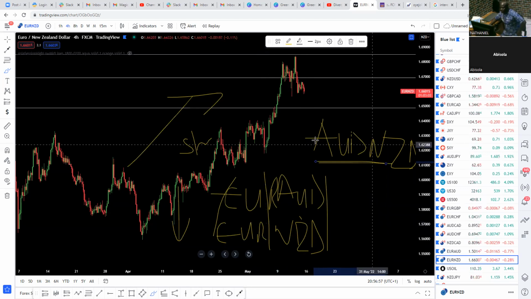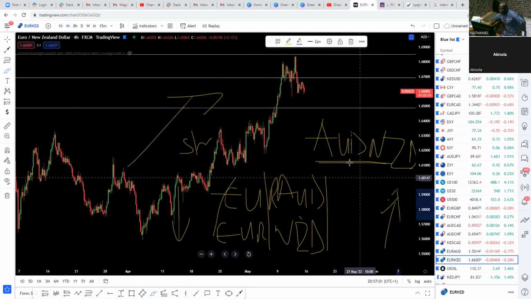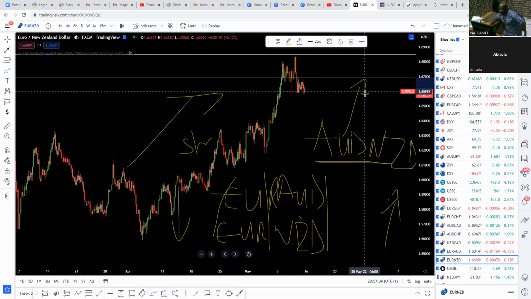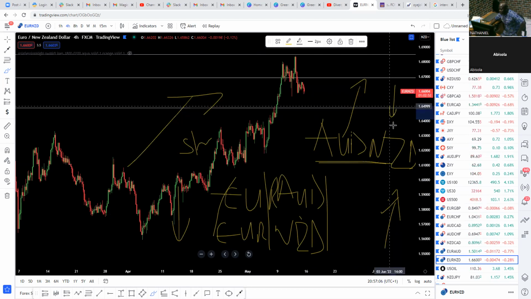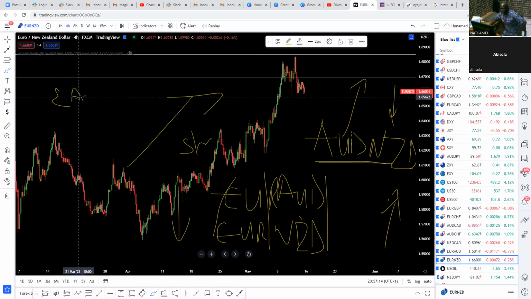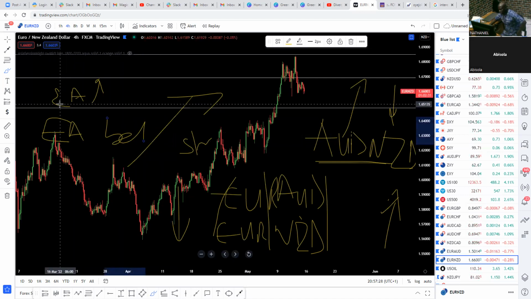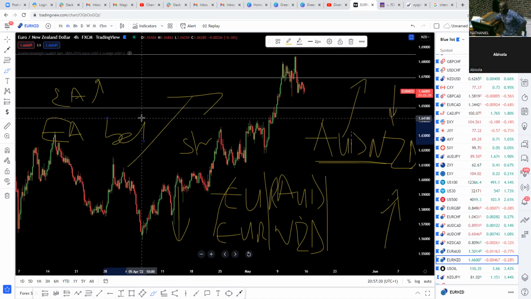If AUD NZD is bullish, it means AUD is going up and NZD is weak. So if we say AUD is strong and Euro is stronger than NZD, then selling Euro AUD will be better than selling Euro NZD. Is that okay now?